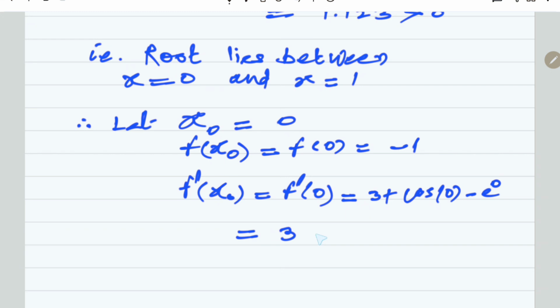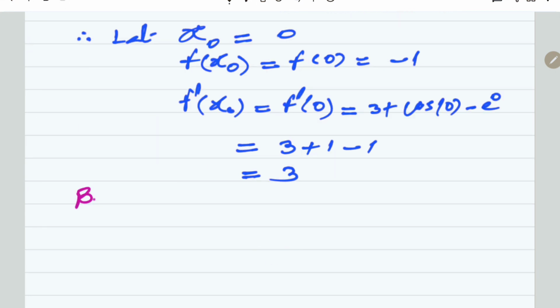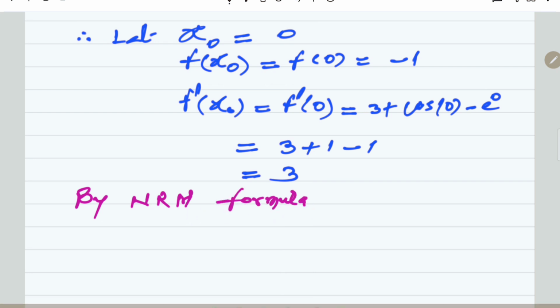And then we find the first iteration value for x. By the formula of the Newton-Raphson method, x1 is equal to x0 minus f of x0 by f dash of x0.